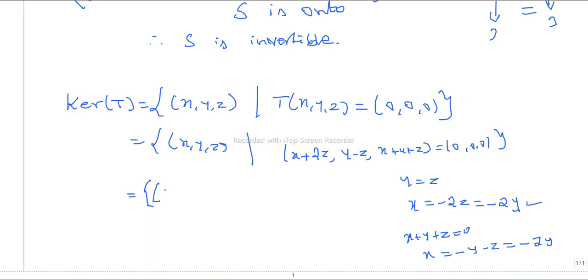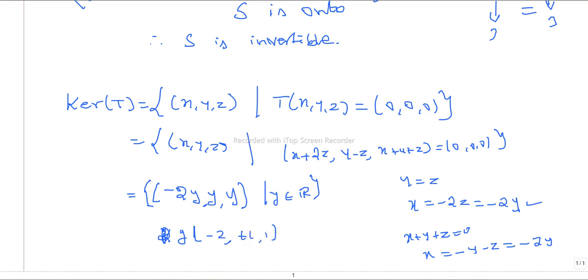So if you replace x equal to minus 2y, you can keep y, and then z is again y, where y varies in R. Now we have reduced the number of variables. If you take y outside, we have (minus 2, 1, 1). These elements always satisfy this equation.